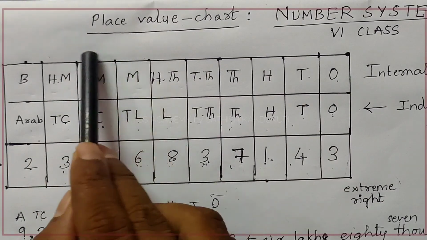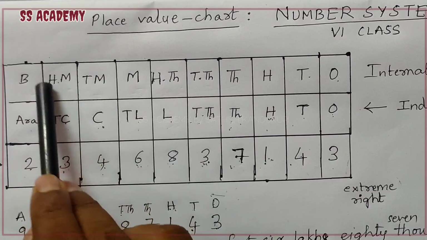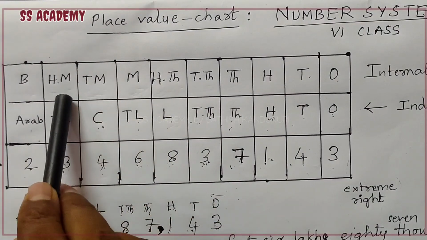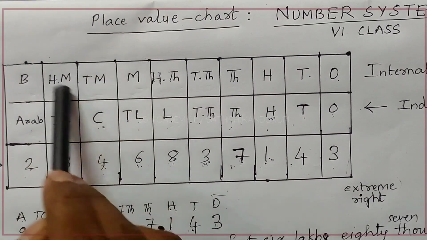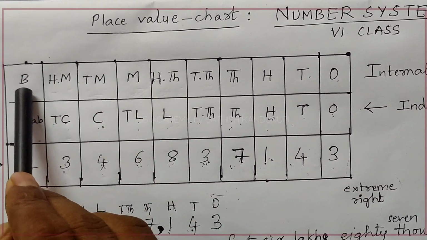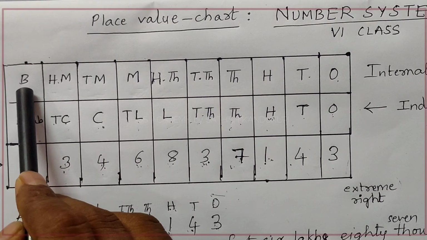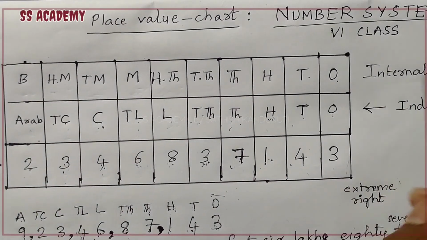That means another 3 digits come under the millions category. After completion of millions we get into billions. So this is the place value chart in the international number system.